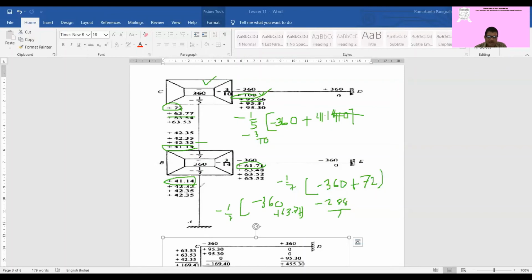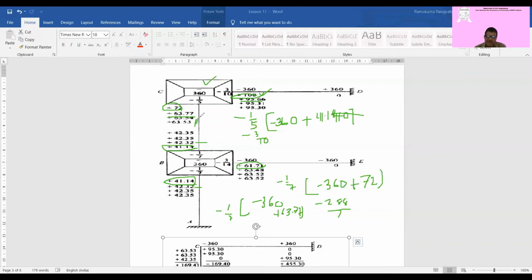And here also 43.32 because minus 1 by 7. Here minus 3 by 14, so it will be multiplied by 1.5. So this is how you go on calculating, and you merge when the values come very close to each other, 63.5 to 63.53, 42.35, 42.35. So now it has converged. So you can stop. Once you stop here, then you can calculate the moments.